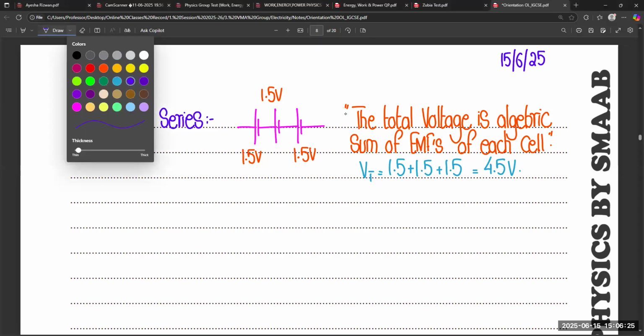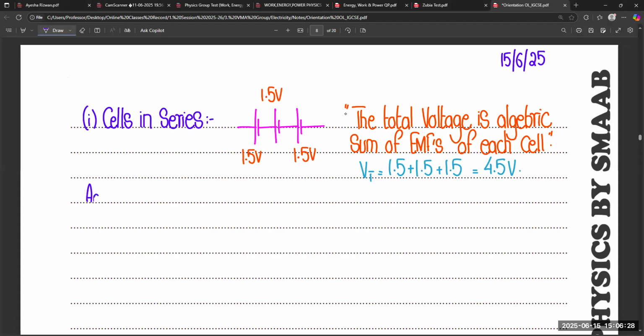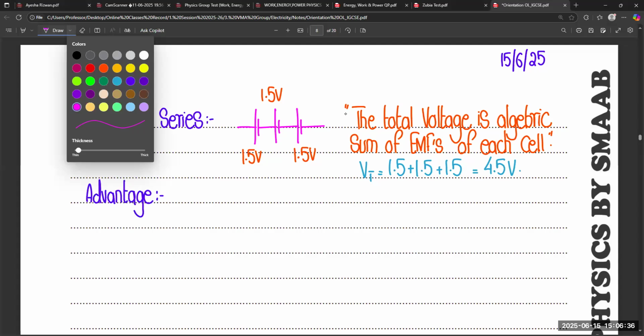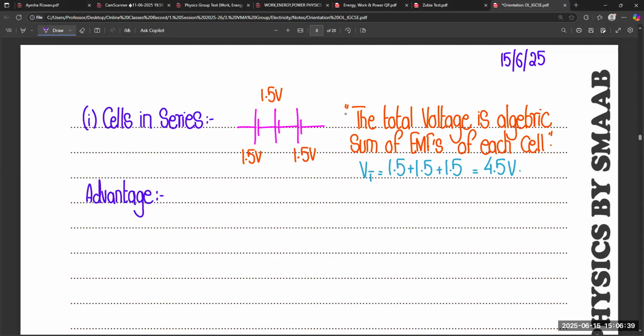For example, if we consider the advantage, the advantage is you will get a greater or different values produced.